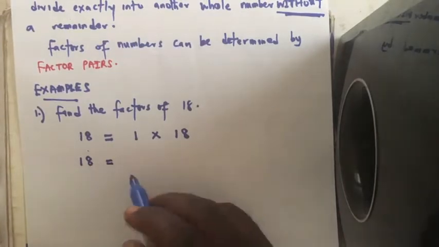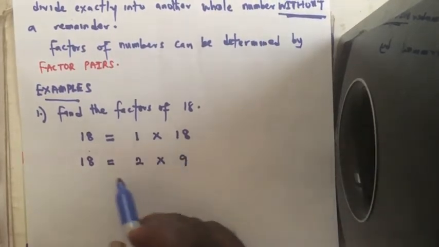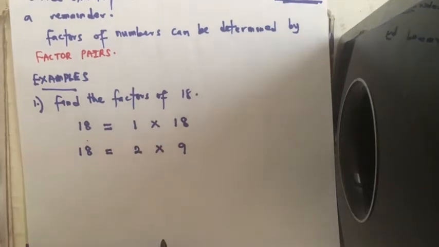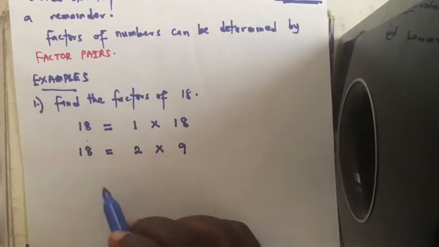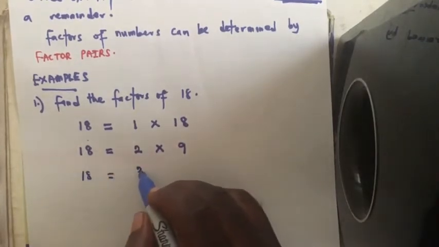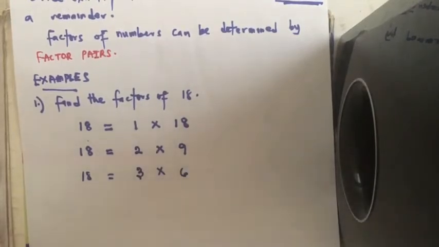Yes, 2 is a factor of 18, so 2 times 9 will also give us 18. After 2 the next digit is 3. Of course, 3 is a factor of 18. 3 times 6 will give us 18.